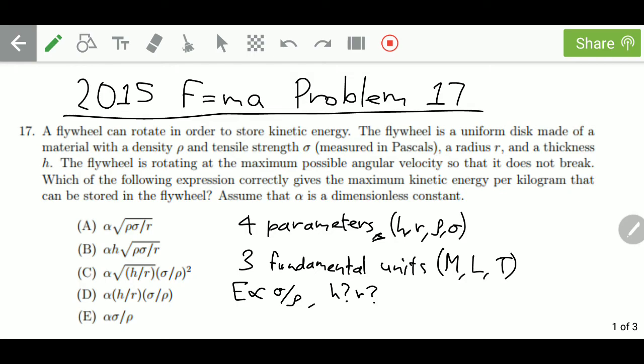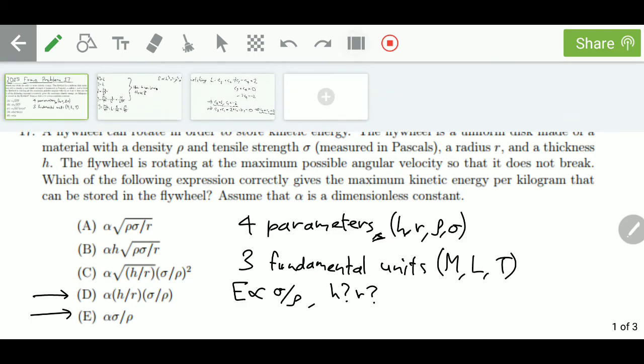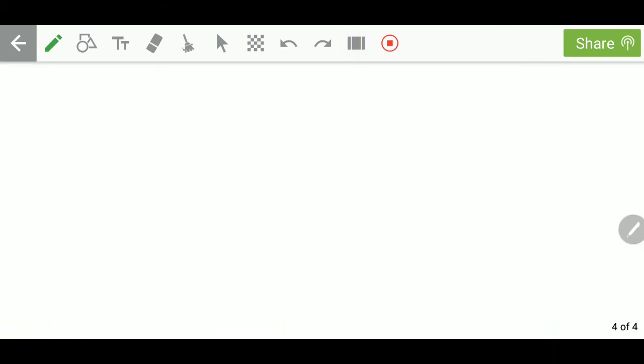Now, based on all of these options, it's not clear whether to pick D or whether to pick E. So which one is it? Well, this is the place where sometimes in dimensional analysis problems it's very easy to forget to actually use physics, or at least actually use basic physical ideas.